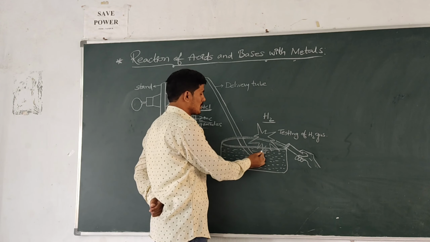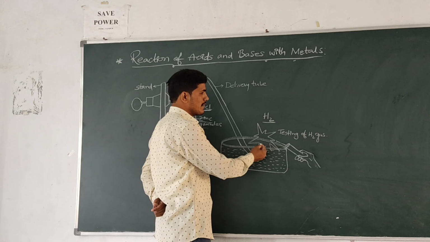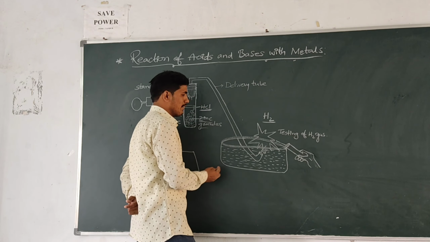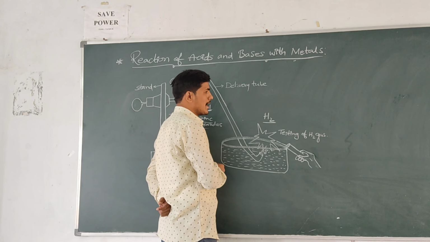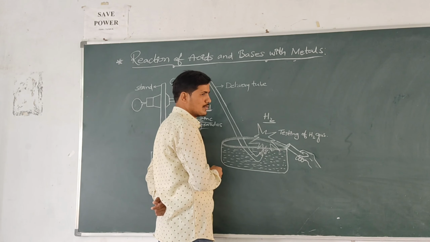At the mouth of the delivery tube, when we bring a lighted matchstick, it produces a pop sound and is put off. Based on that pop sound, we can say that when acids react with metals, they produce hydrogen gas.